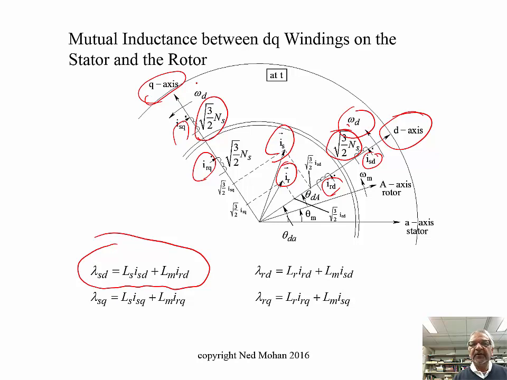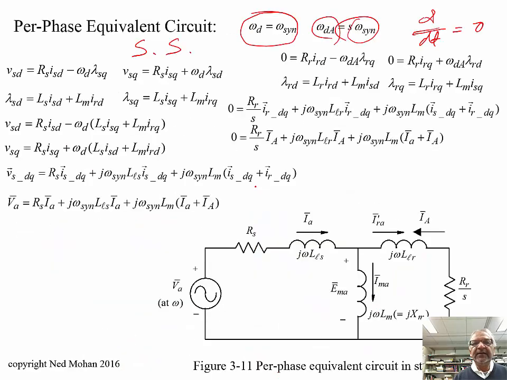That is the reason why the projection of these currents on their d and q axes would be constant, and therefore the flux linkages would be constant, and there is no change in flux linkage with time in this reference speed of omega d equal to omega sync, and therefore the d/dt term is 0. That also applies when we talk about calculating initial conditions later on.